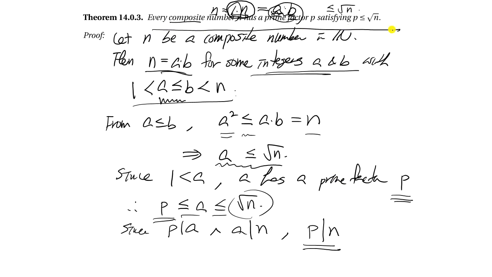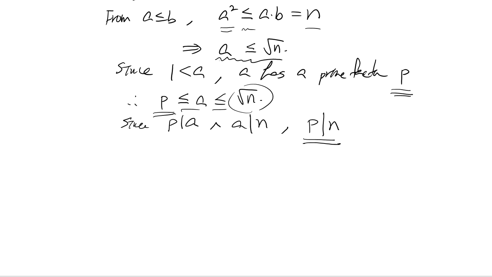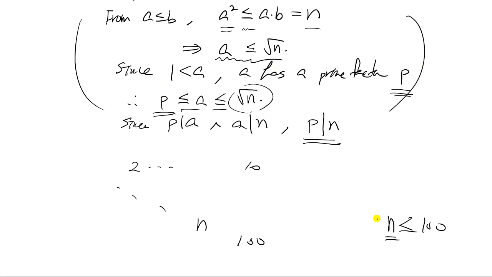But the more important thing from this theorem is, we wonder how many primes, or we're looking for the primes from 1 through 100, for example, right? So if you choose any number here, then n is less than or equal to 100. And by this theorem, there is a prime number which is less than or equal to the square root of n. The square root of 100 is 10.